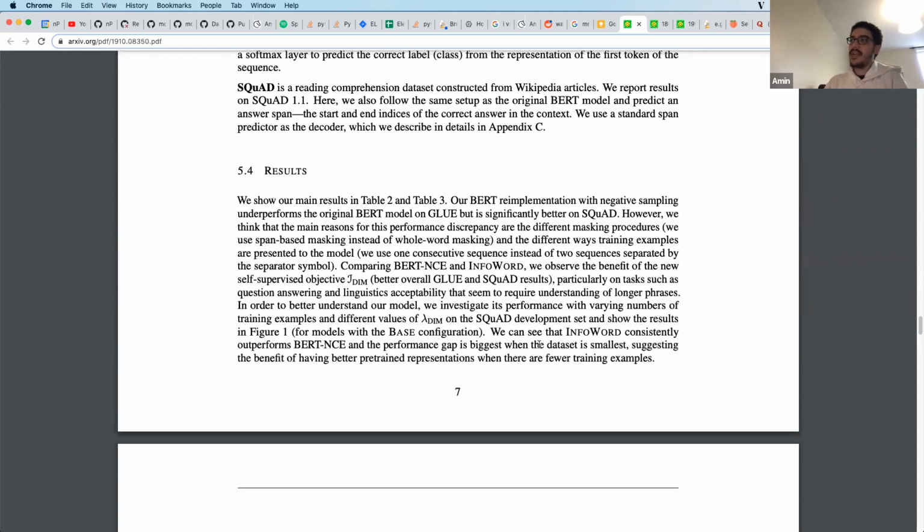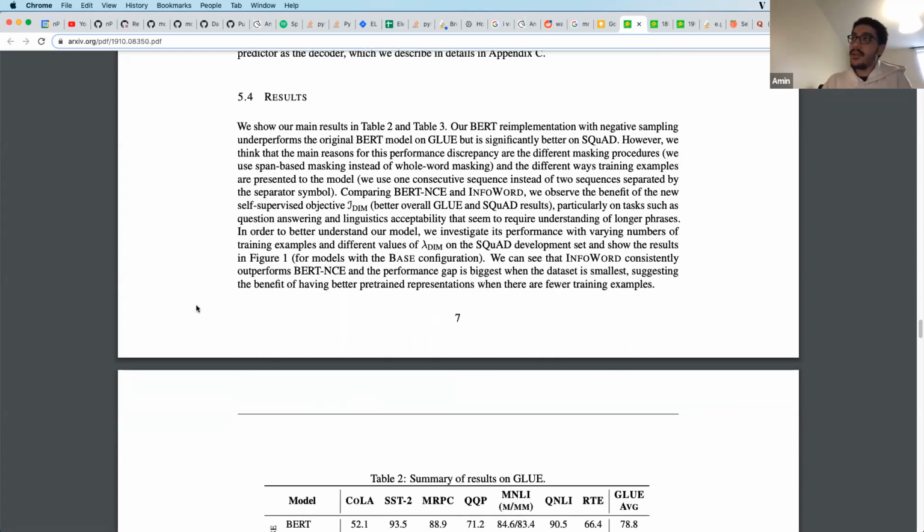This suggests that because instead of using a word as your local representation, you use n-grams of the word, the model is better at understanding longer phrases, and they suggest that because these tasks require that type of understanding more.